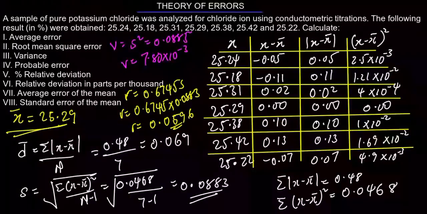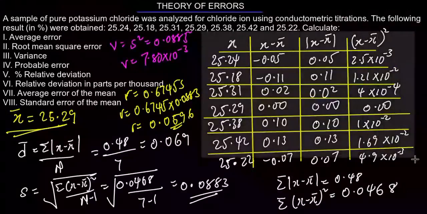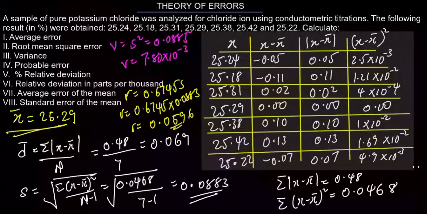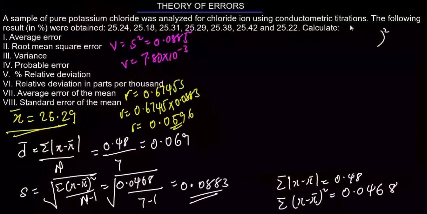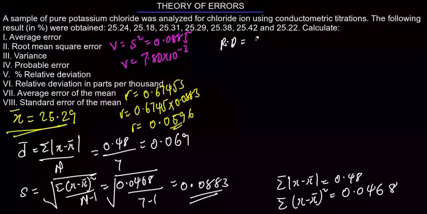Okay. So let's go. Now, what's the next one? The next task here is to calculate the percentage relative deviation. Remember that normally relative deviation is equal to standard deviation all over mean. But since they say percentage, that's times 100.